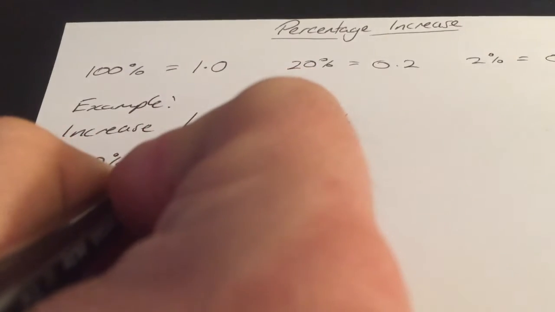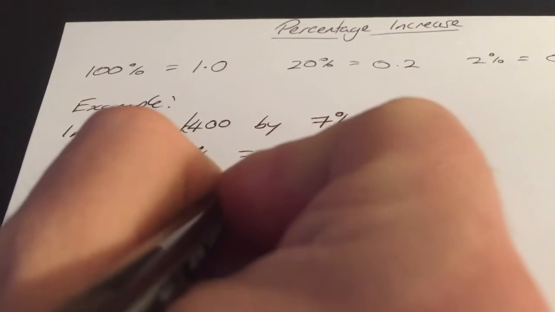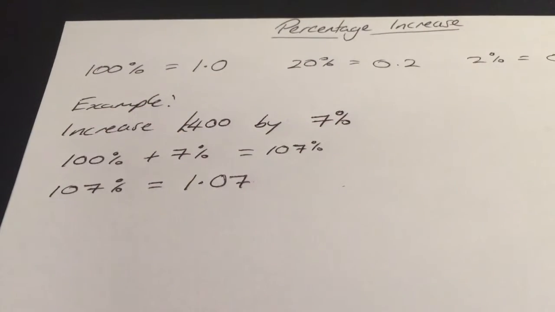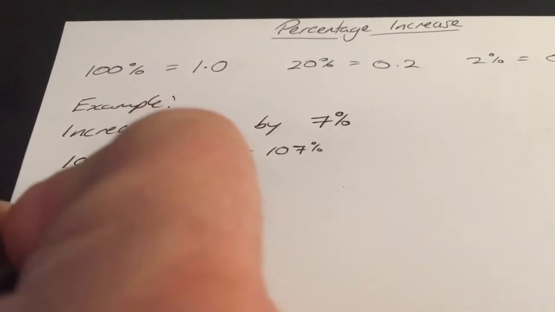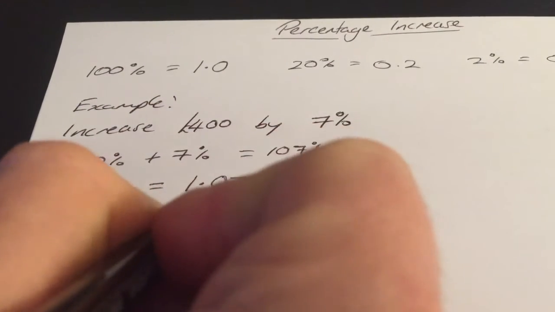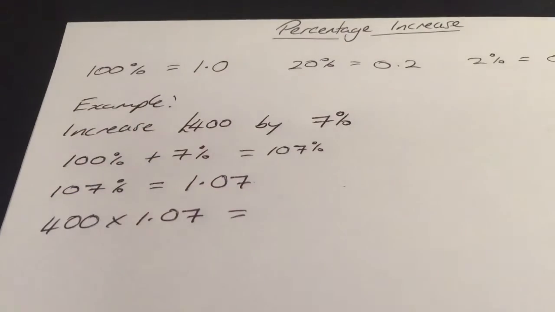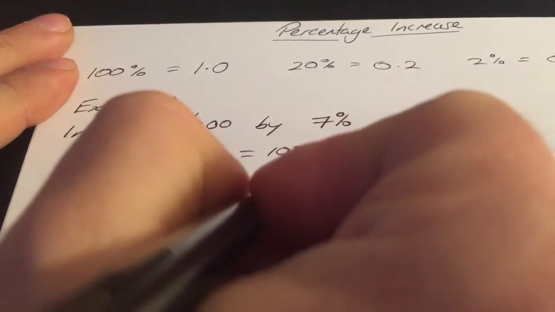So 107% as a decimal is 1.07. Now, to use this in a calculation, all we do is take our £400 and multiply it by 1.07. And we'll get our solution, which is £428.